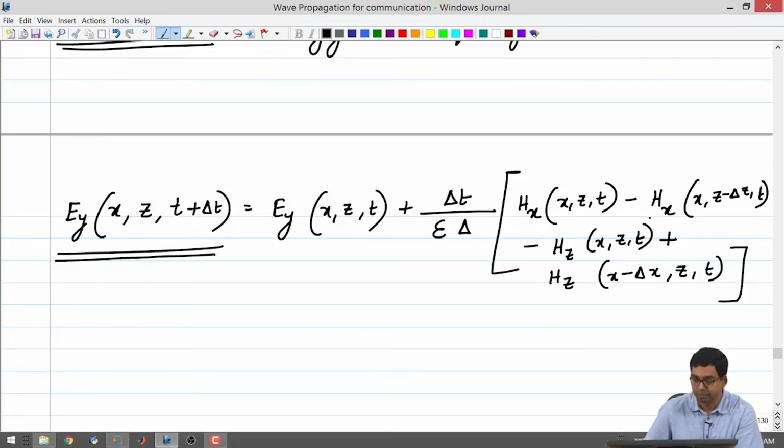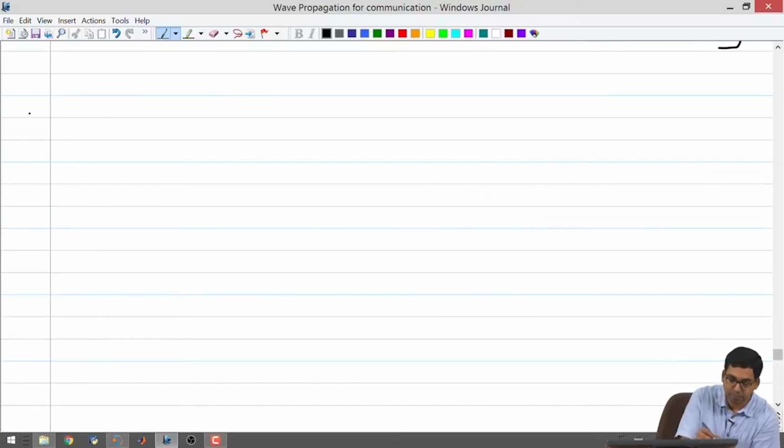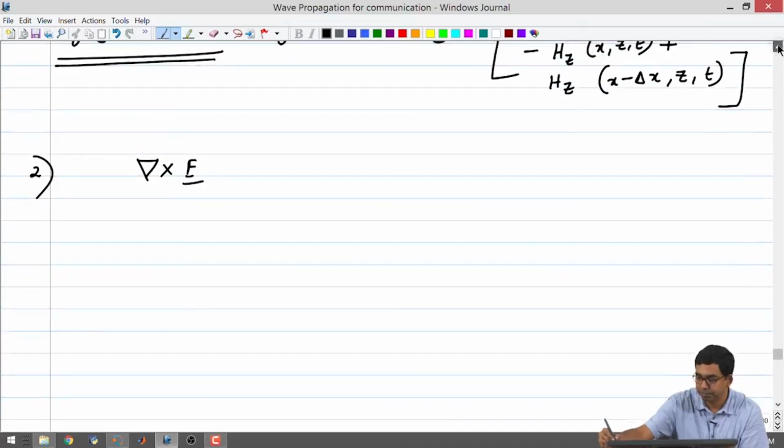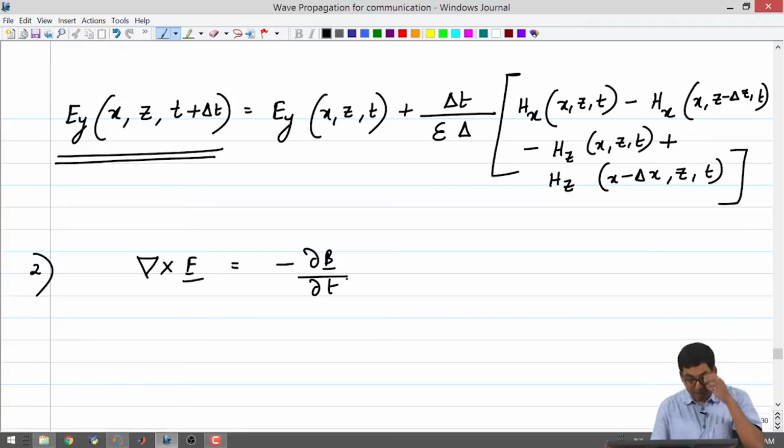Okay. Now, the other thing that we have to do is go to the other curl equation that we have. So, we have the other curl equation, del cross E is equal to minus ∂B/∂t.